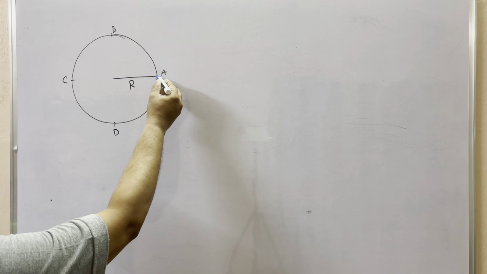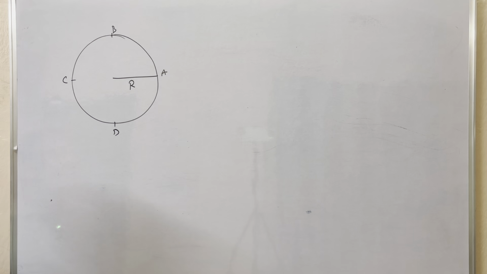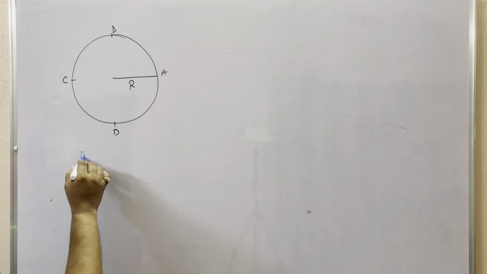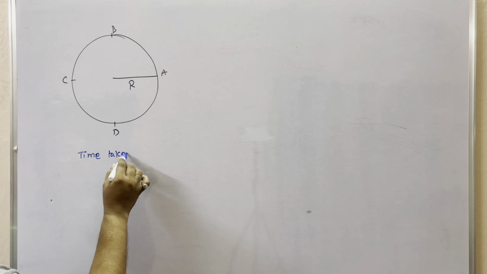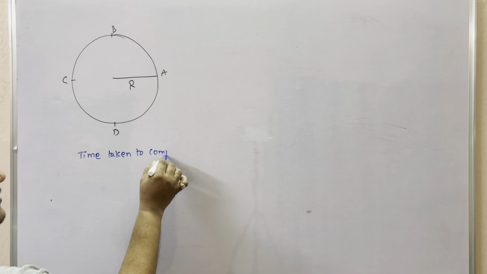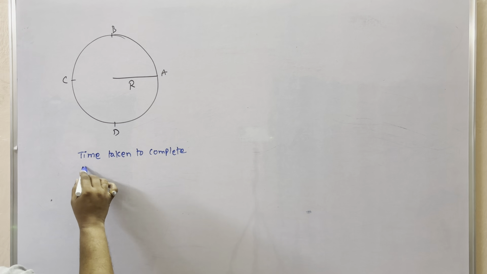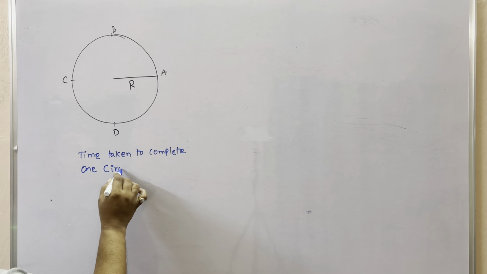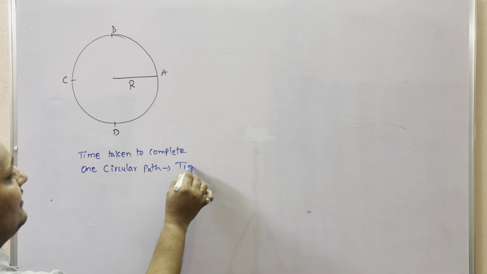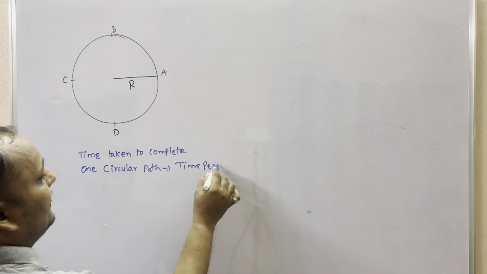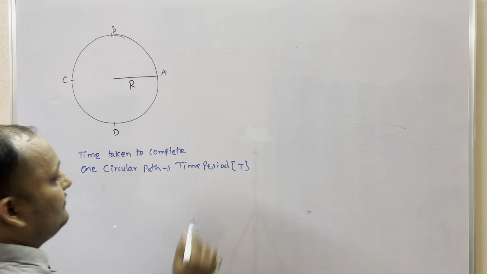Now, what is the time taken to complete one circular path? Time taken to complete one circular path is nothing but what we call the time period.